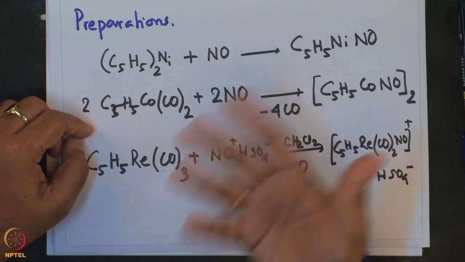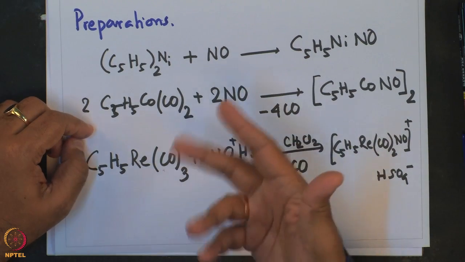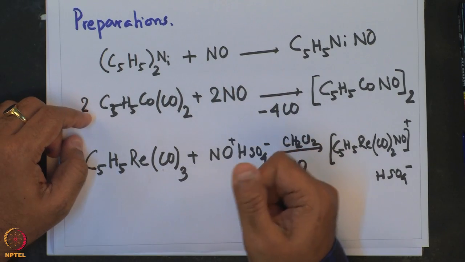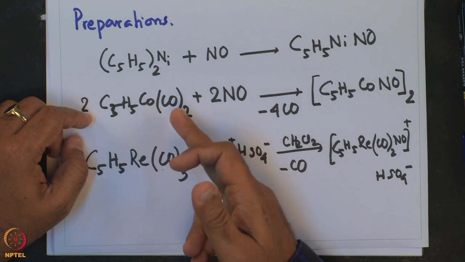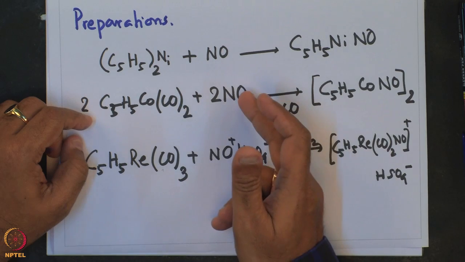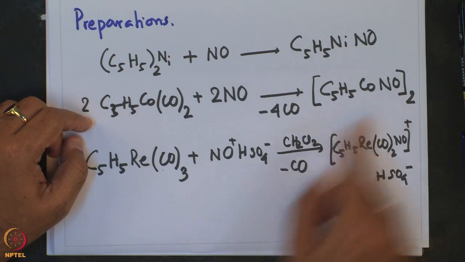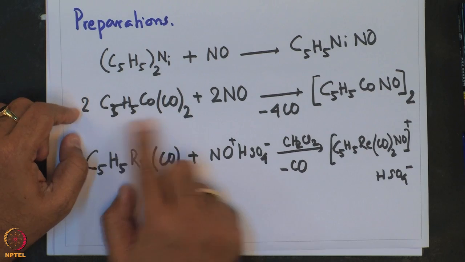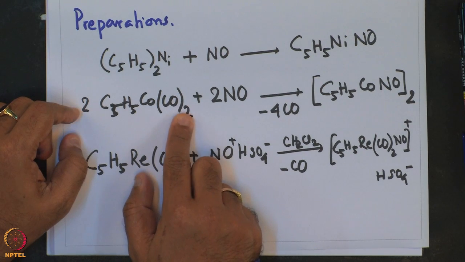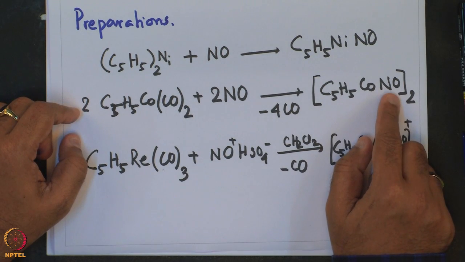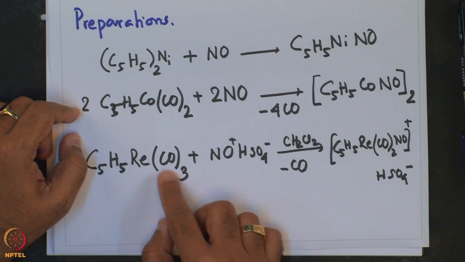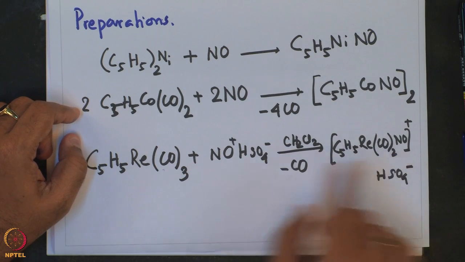That is a similarity over here. Another similarity for the last two reactions is the fact that carbonyl moieties are getting replaced by NO in each of these reactions. For example, in this reaction the 2 carbonyls get replaced by NO, whereas over here one of the carbonyls again gets replaced by NO.